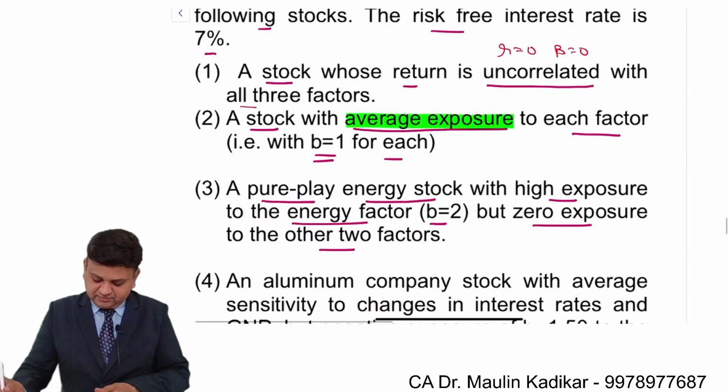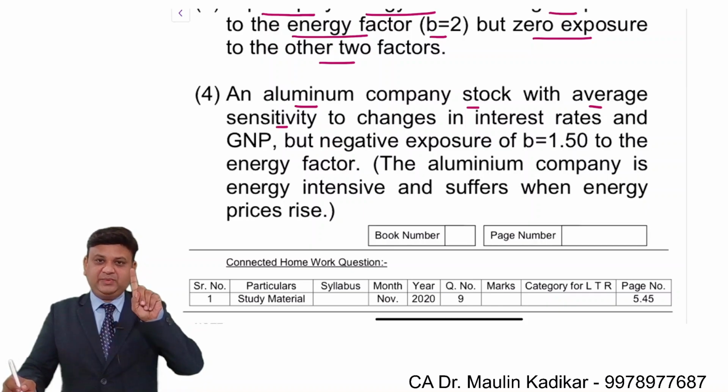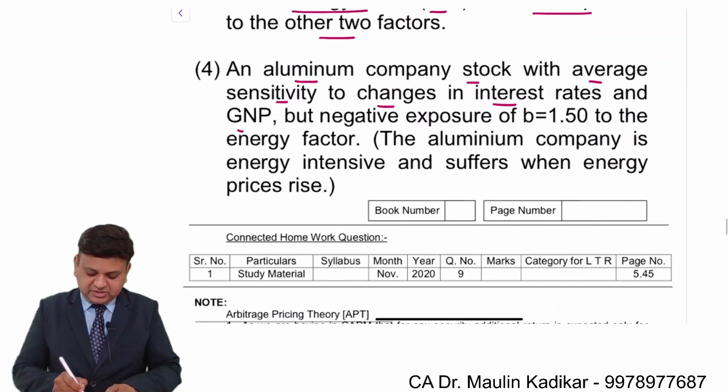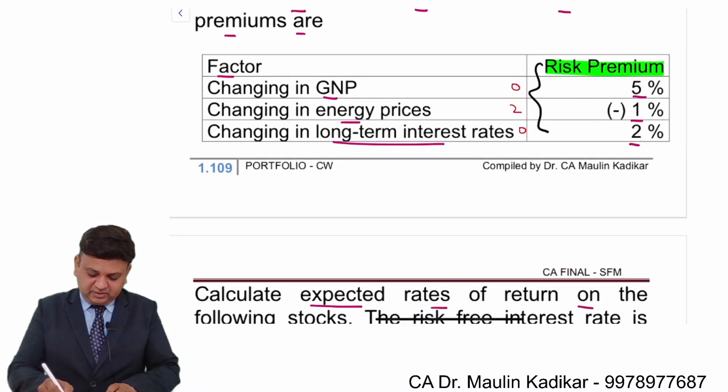Fourth question. An aluminum company stock with average sensitivity. Average sensitivity means beta 1 to the changes in the interest rate and GNP. So for the first one and the last one, beta is 1.